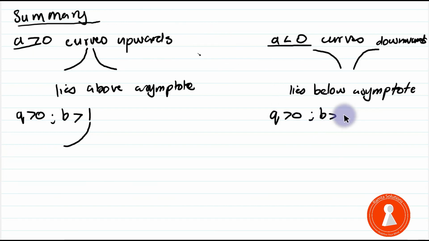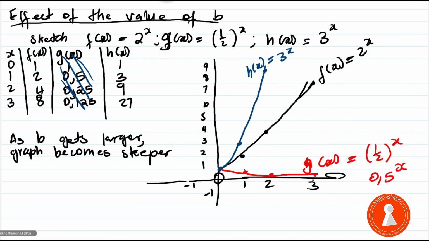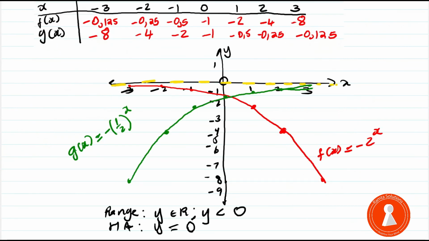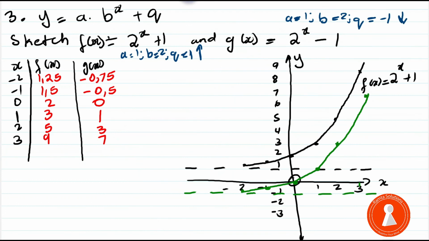It's greater than 1. Your graph looks like this. Let me confirm. Okay, so it's like that. I was right. But now, with the Q, we need to be careful.